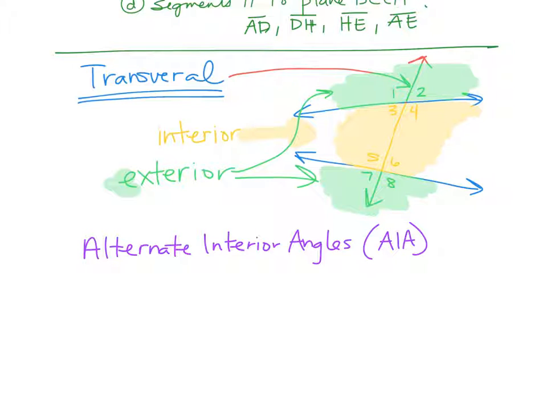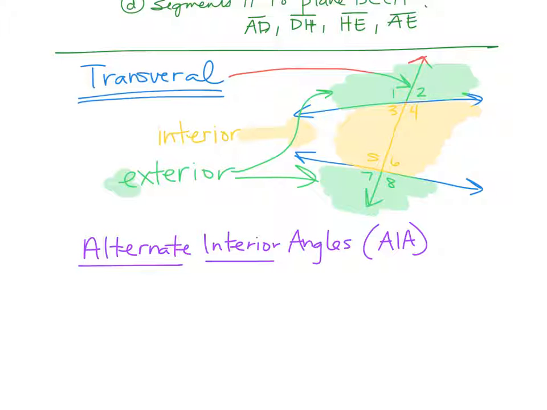And here's what you've got to think about. Your name tells you what they are. So alternate interior angles. Anyone have a guess what alternate interior angles might be? You should know right now which ones are your interiors. I want a pair of angles, so two angles that are alternate interior.